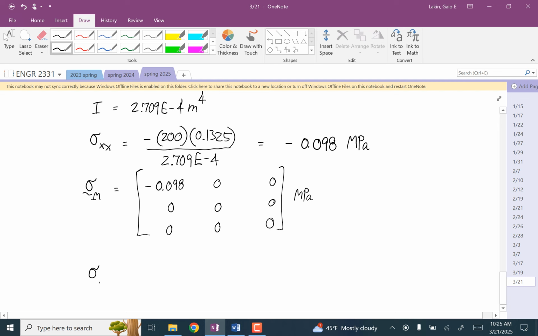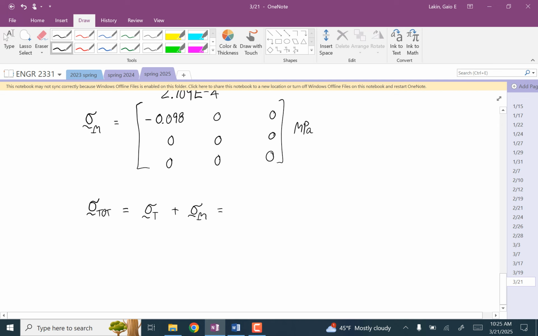And so the total stress tensor is the one due to tension compression plus the one due to bending moment. So negative 0.248.